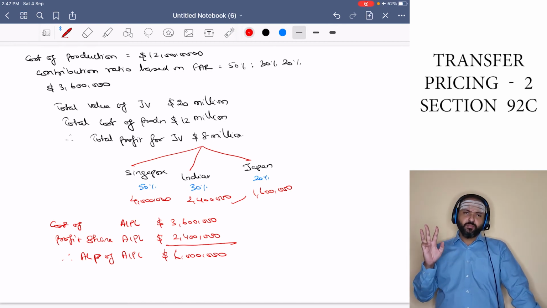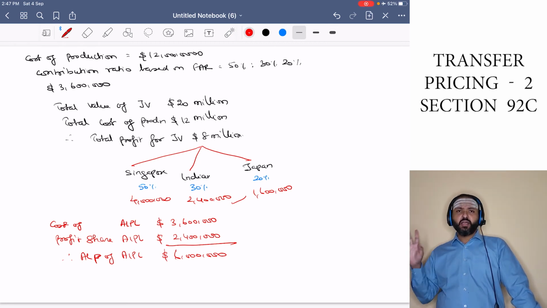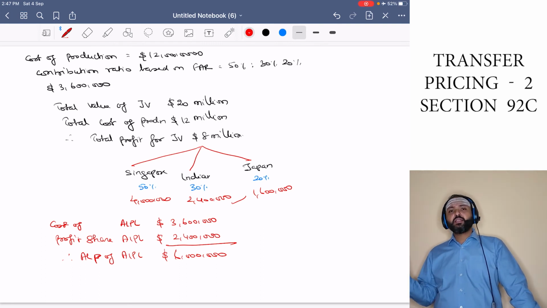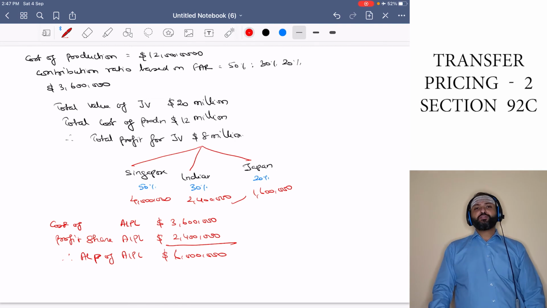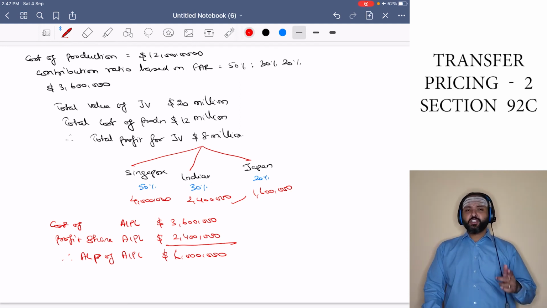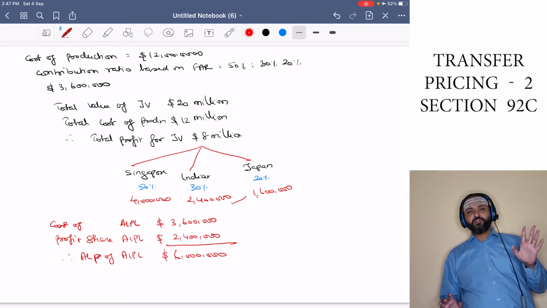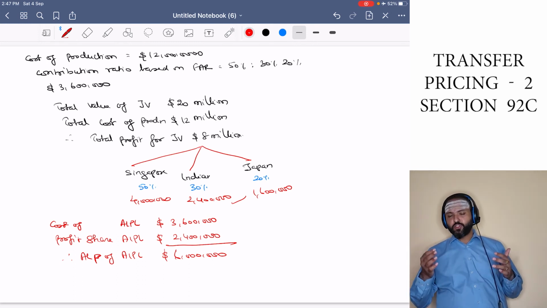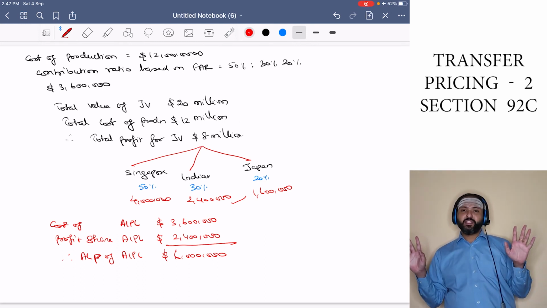So, functions performed, risks assumed, assets employed, assets meaning manpower, etc., they are going to share the profit in the ratio of 50:30:20%. Okay, so that is 4 million, 2.4 million, 1.6 million. Now, what is the arm's length price? Arm's length price is nothing but cost plus profit share. What is the cost? 3.6 million given in the question. Profit share is going to be 2.4 million, which we have found out. 6 million should be the arm's length price.